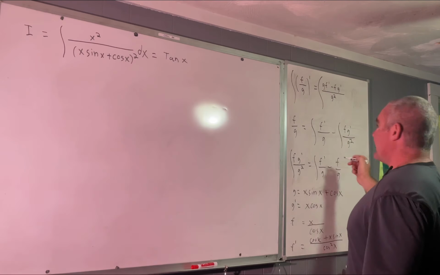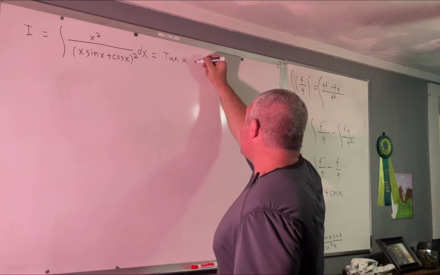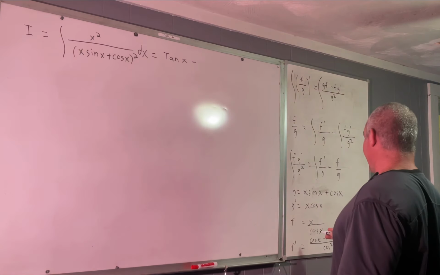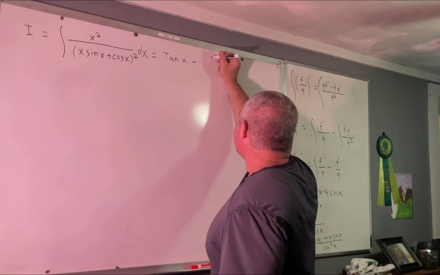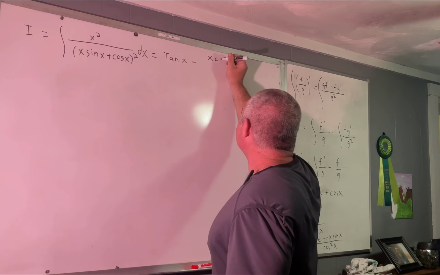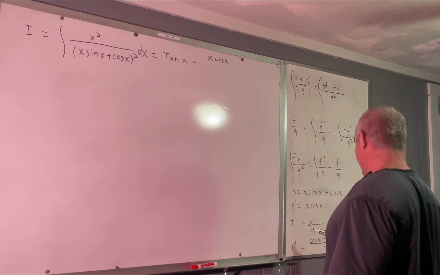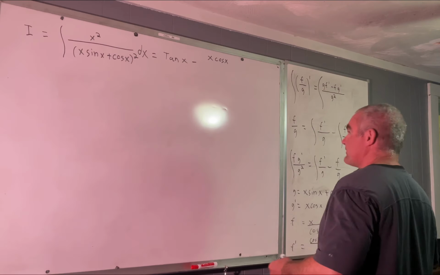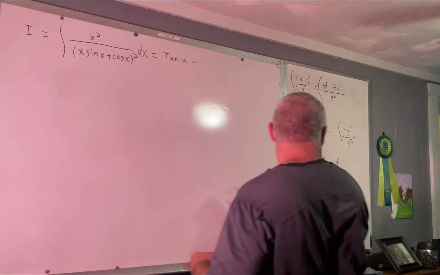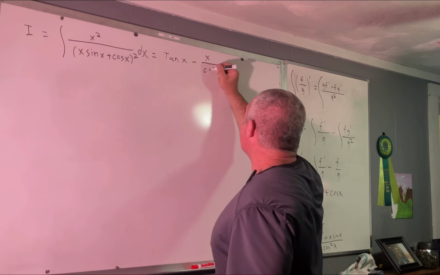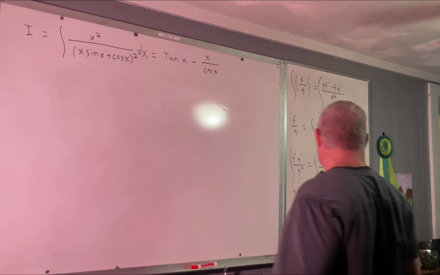Okay, and then we have minus f over g. So we're pretty much done. Minus f over g. What's our f? I'm sorry, f is x over cosine x.